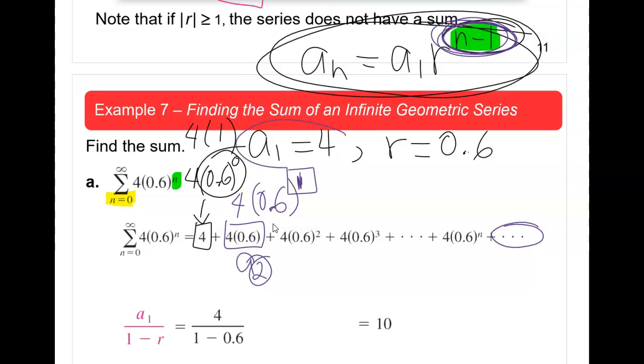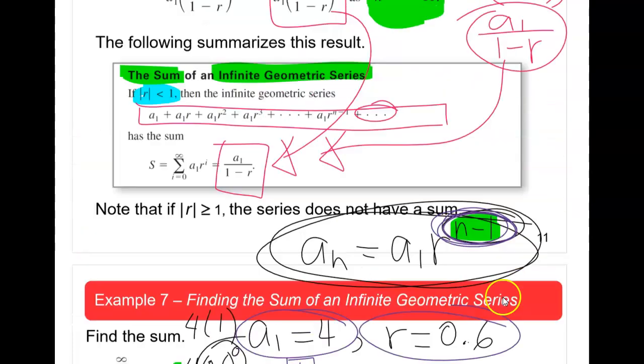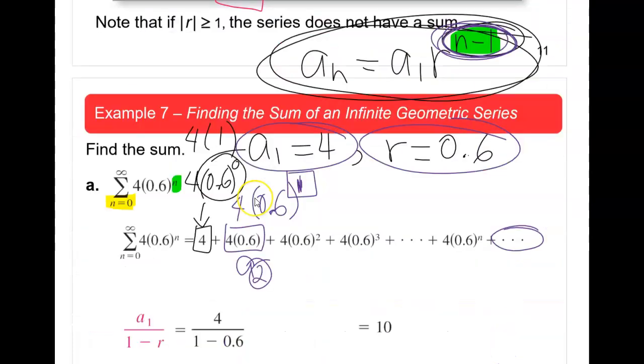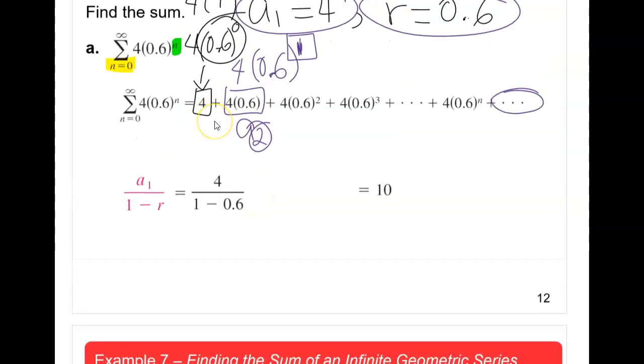So now that we know the first term and the common ratio, it's very simple. I have the formula written down here: a sub 1 divided by 1 minus r. That's what we got from the previous slide. And so a sub 1 was substituted with 4, and the common ratio was substituted here with 0.6.